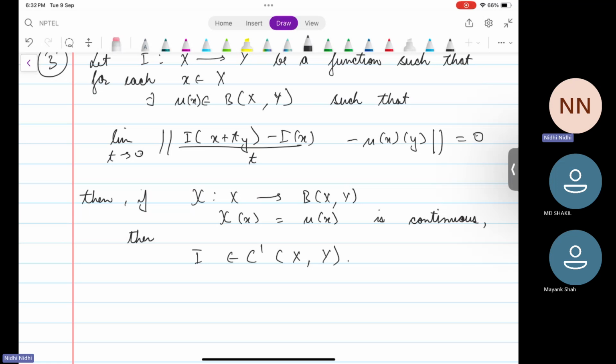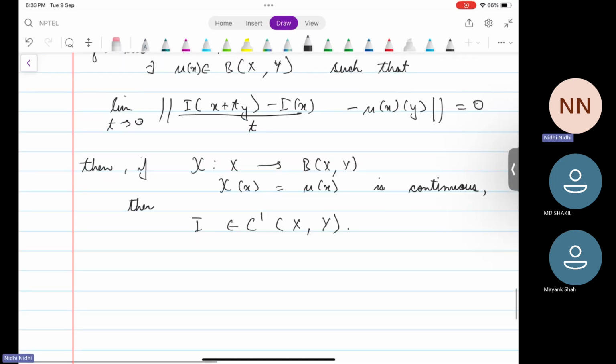Can you tell me what we mean by a C1 function? All first partial derivatives exist and are continuous. In fact, we'll see that it is differentiable and its derivative will be continuous.